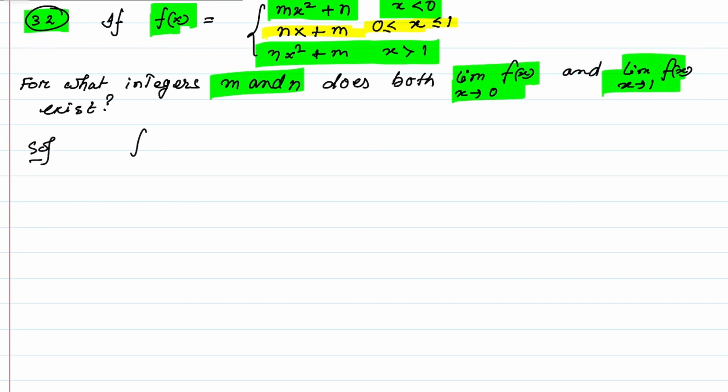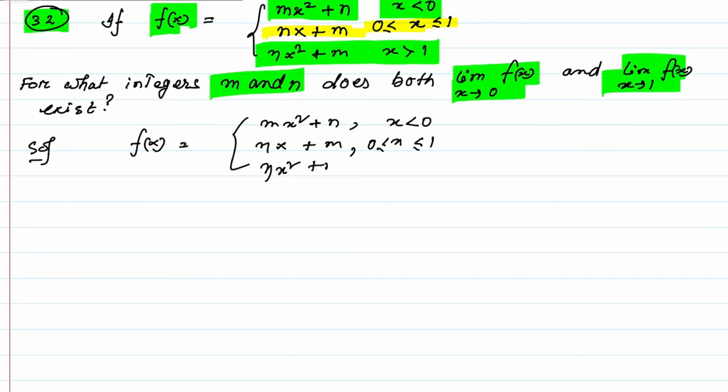So here you see f of x is equal to mx square plus n when x is less than 0, and it is nx plus m when x is greater than equal to 0 and less than equal to 1, and it is nx square plus m when x is greater than 1.